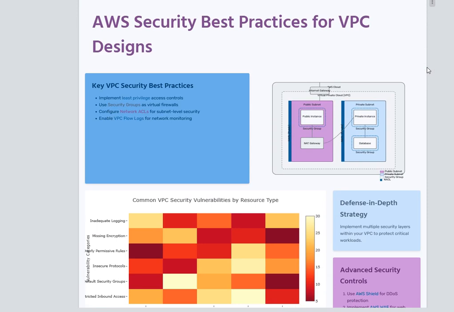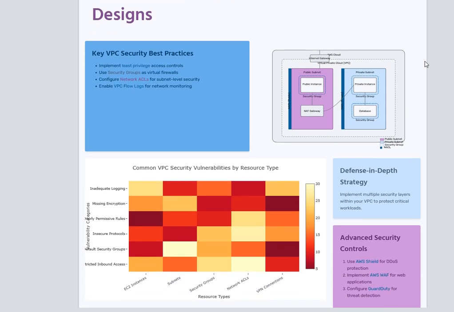design. So we're just going to talk about security best practice for VPC designs, right? So that's, I think, the slide is just swept between the last one and the previous one. It doesn't matter. Key VPC security best practice: implement least privileges for access controls, right?